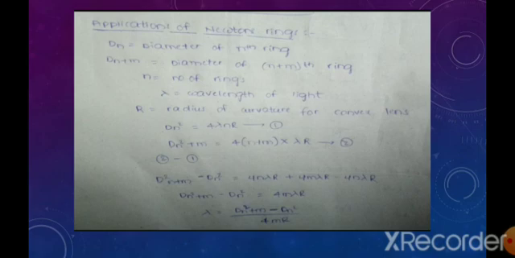Dn plus m square equals 4 into n plus m into lambda R. Subtracting equation 1 from 2, dn plus m square minus dn square equals 4n lambda R plus 4m lambda R minus 4n lambda R. This implies dn plus m square minus dn square equals 4m lambda R. This implies lambda equals dn plus m square minus dn square by 4mR.